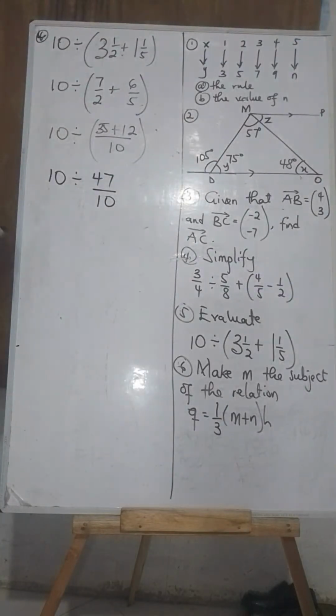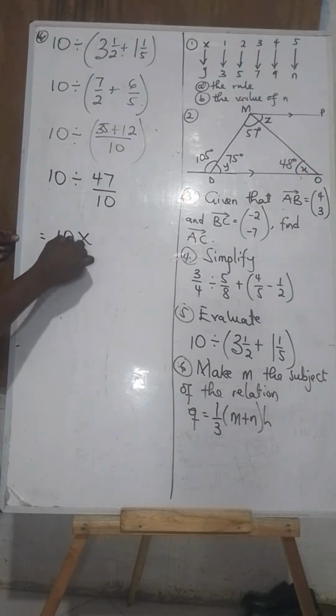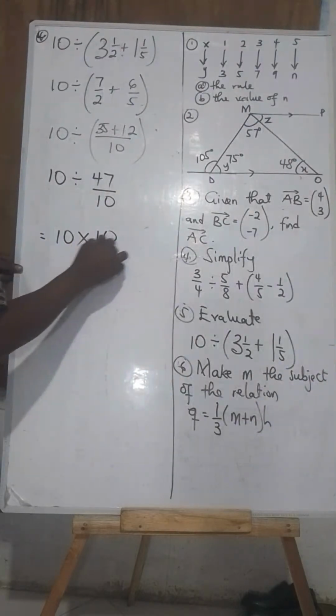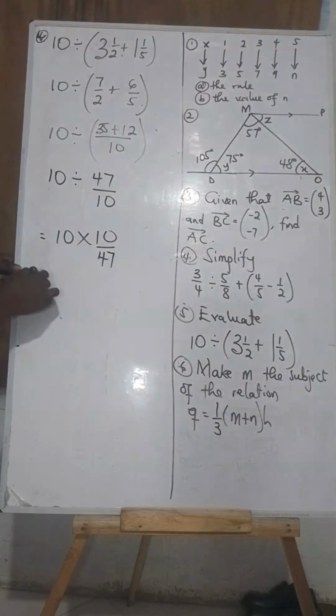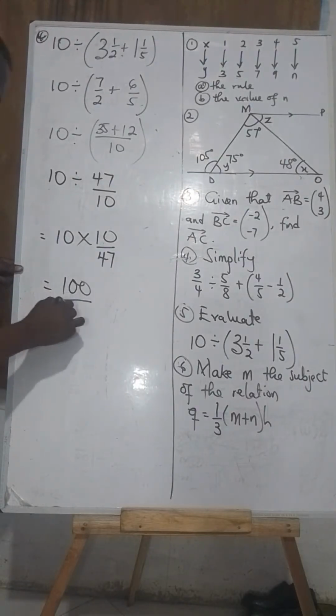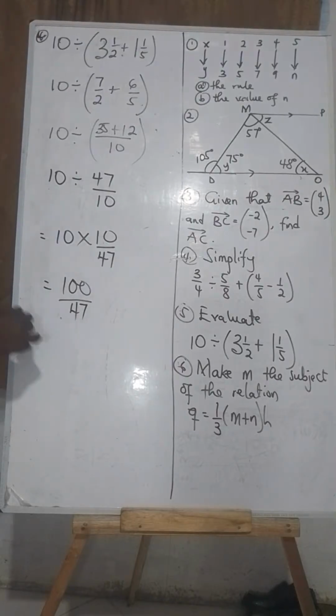Right, so from here we have 10 times, you interchange the numerator and the denominator, so you have 10 on 47, which will give you 100 on 47. So that will be the answer.